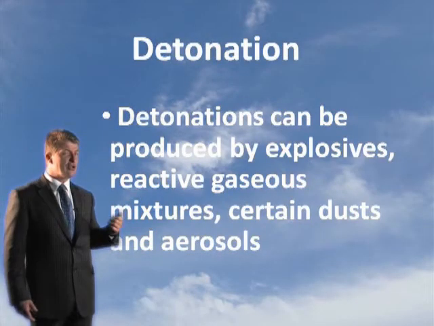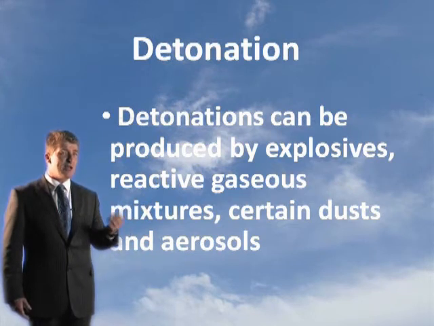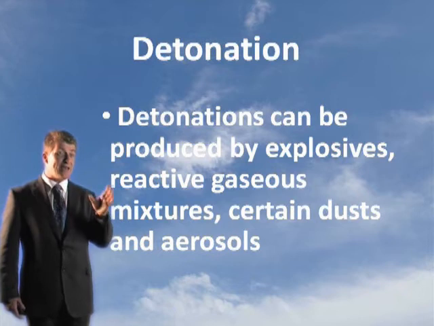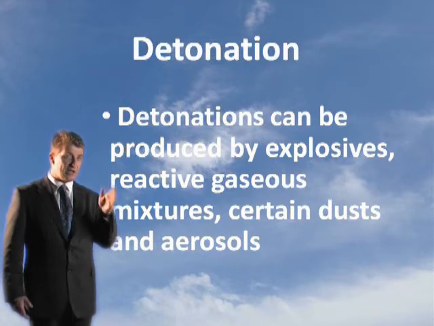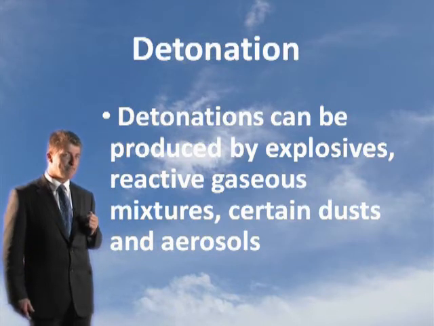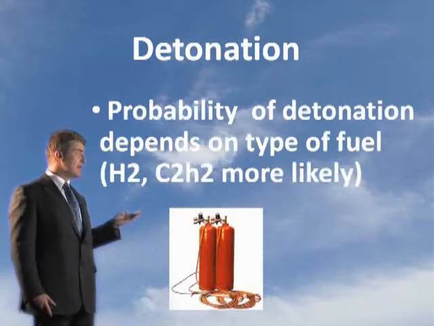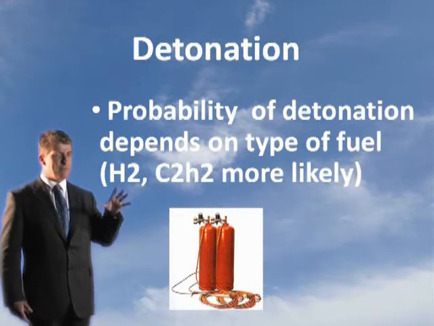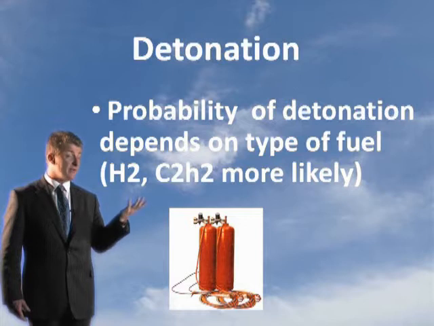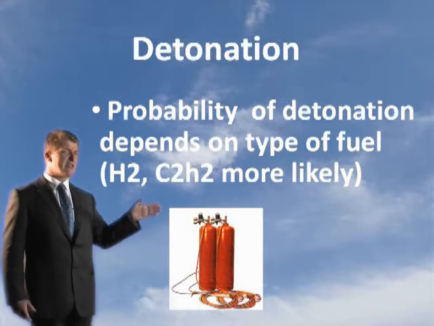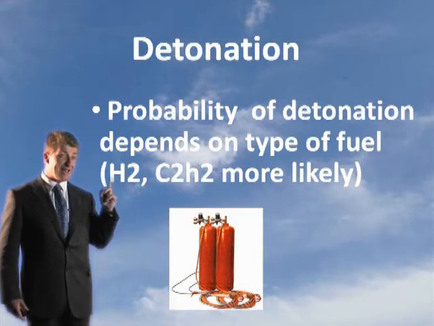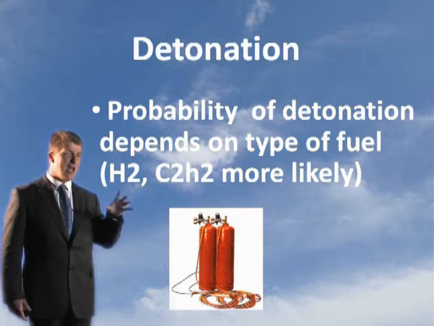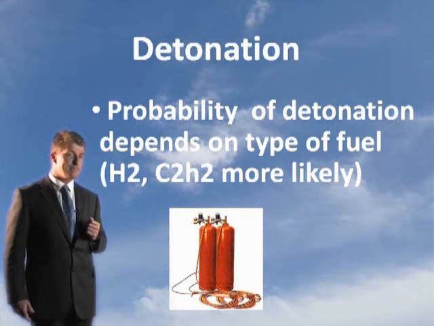Detonations can be produced by explosives, reactive gas mixtures, certain dusts, and aerosols, because they're very fine. The probability of detonation rather than deflagration depends on the type of fuel. With hydrogen and acetylene, you're more likely to get a detonation than a deflagration, and generally LPG.